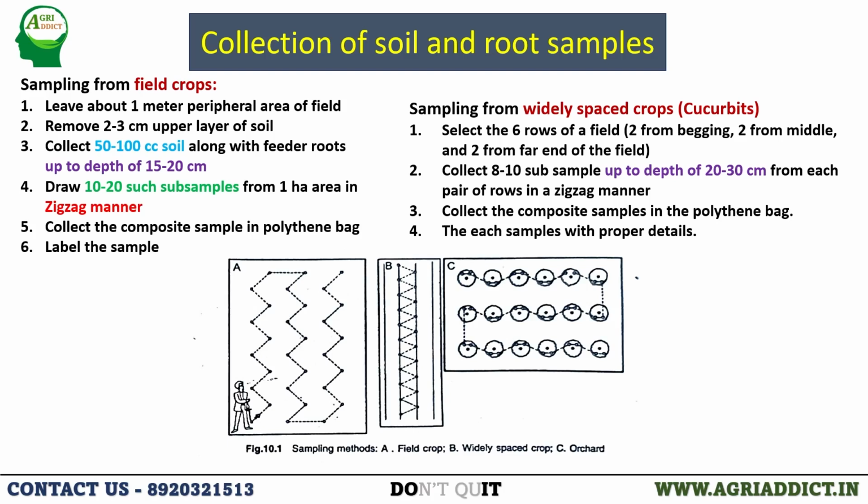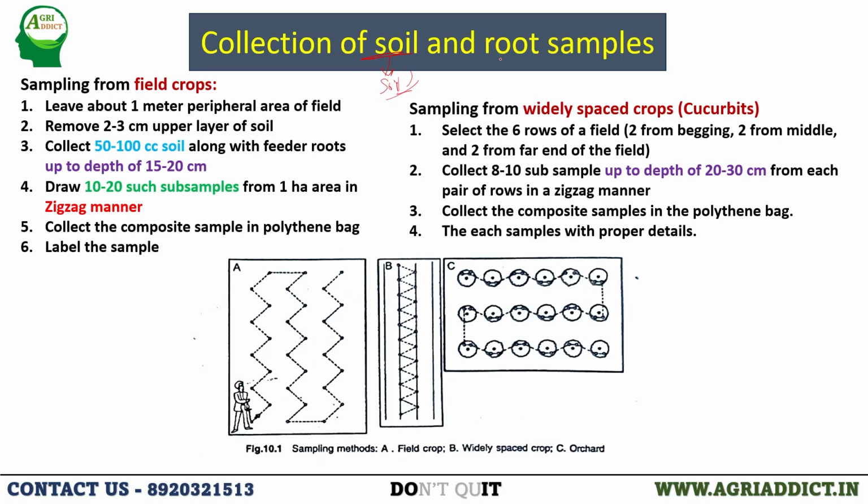Nematological techniques. The initial step before extraction is the collection of samples from soil, from the root surface, or from any planting material. It entirely depends on the nature of the nematodes, because nematodes may stay in the soil. Then we will collect soil samples from the field.